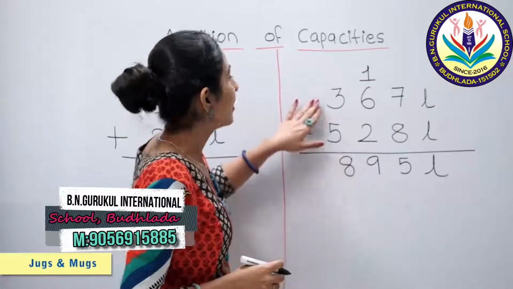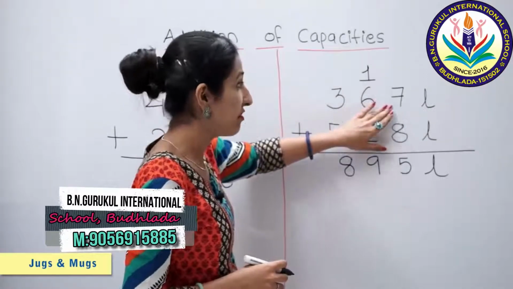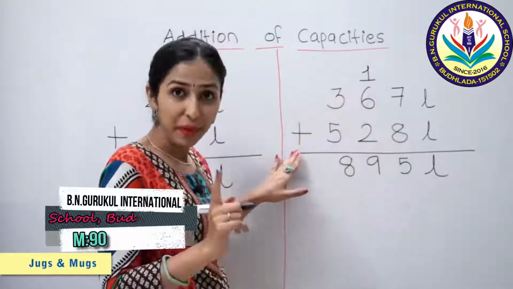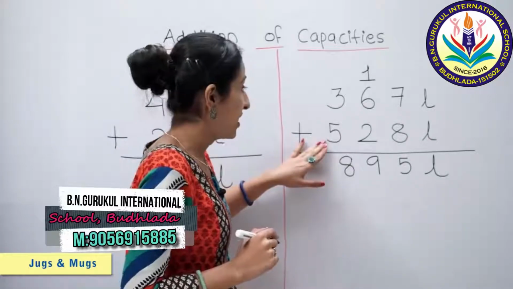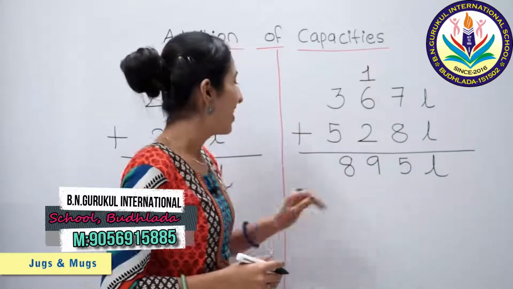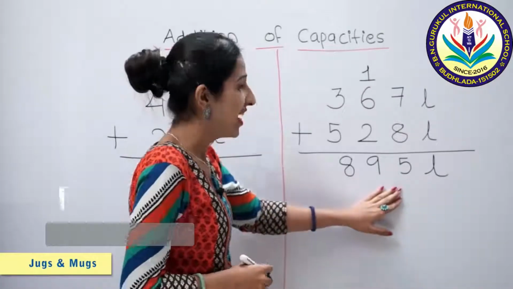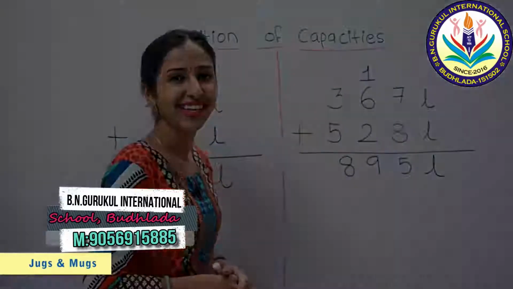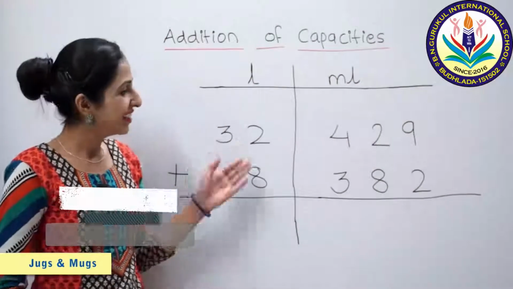So, 367 liters plus 528 liters is equal to 895 liters.